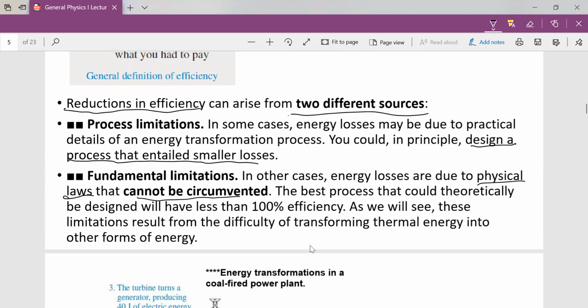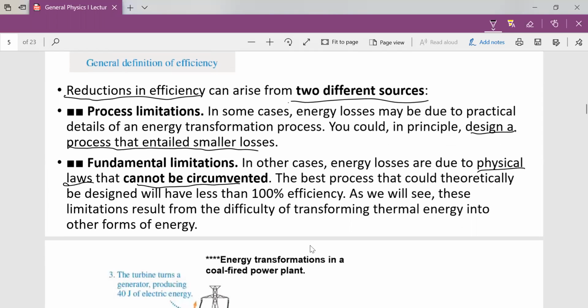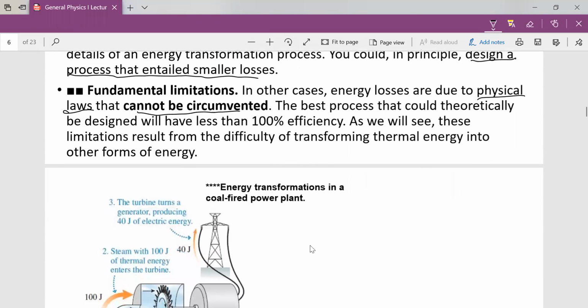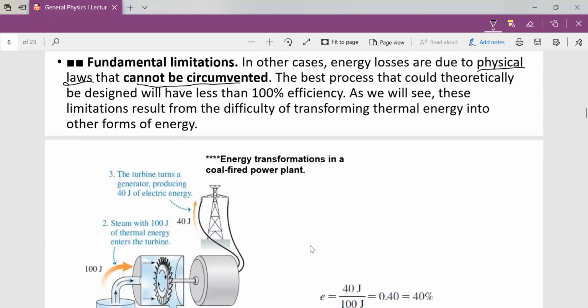You cannot change so much or circumvent around them. But it is the fundamental limitations that theoretically inform our designs to optimize efficiency. Okay, so from these two limitations of efficiency, scientists use it to improve or better their designs, all right?